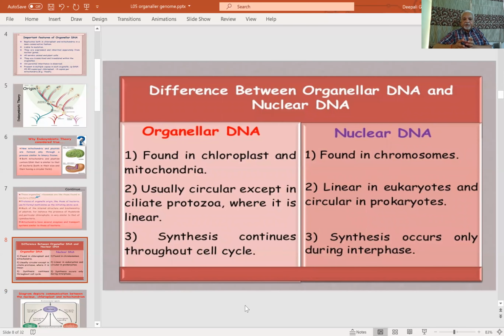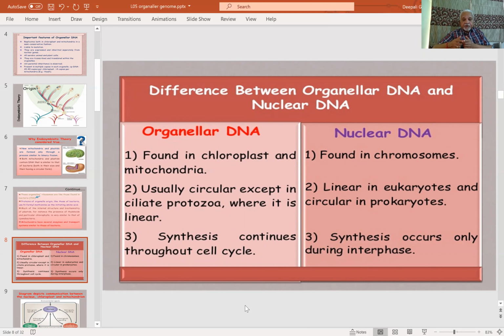Now, what are the differences between organellar DNA and nuclear DNA? So, the first difference is the presence. Organellar DNA is found in chloroplast and mitochondria, and nuclear DNA is found in the nucleus. The organellar DNA is circular in nature, except in ciliate protozoa, where it is linear, whereas nuclear DNA is linear and present in chromosomes.